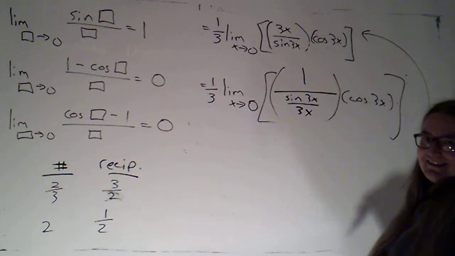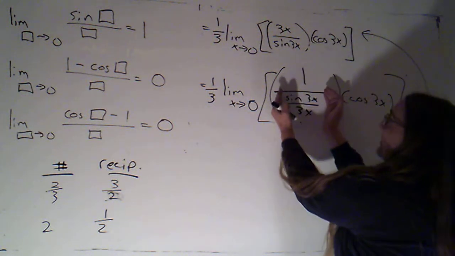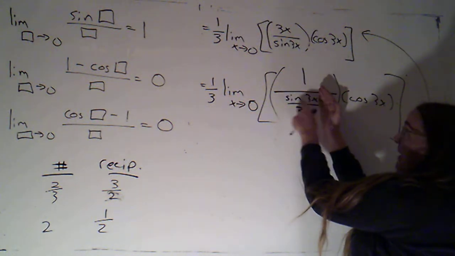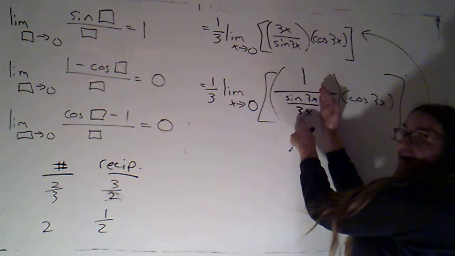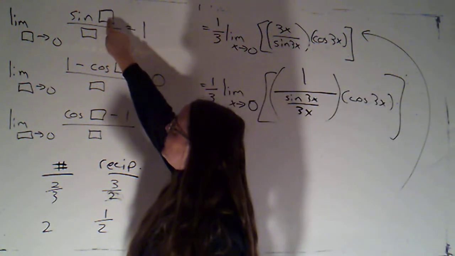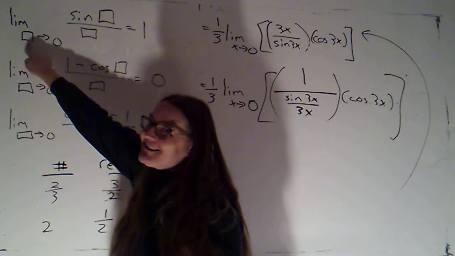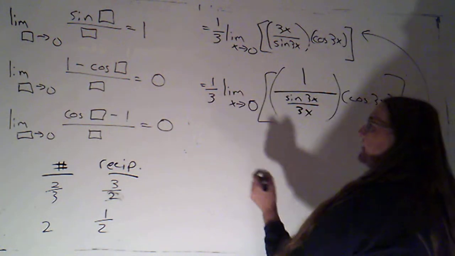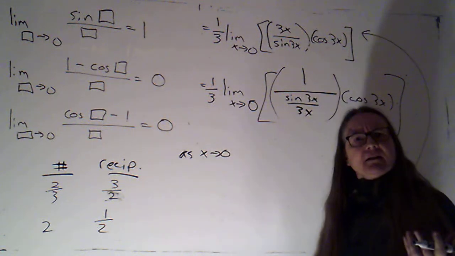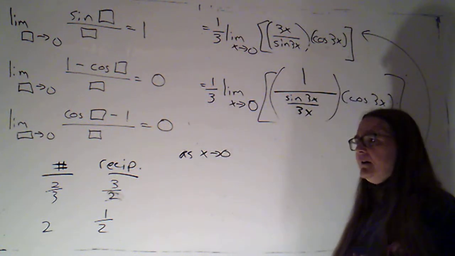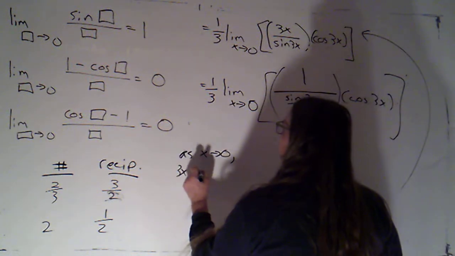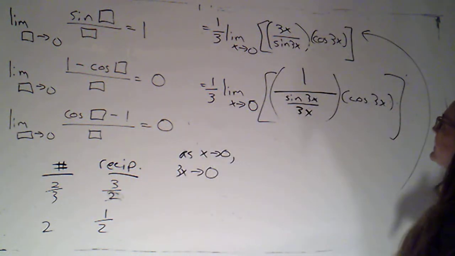I'm liking this. Here now, on the bottom of this fraction, I've got 3x on top being plugged into sine and 3x on bottom. Not quite a perfect match here because I need 1, 2, 3 places. So I'm just going to make a note. As x goes to 0, does 3x also go to 0? Yeah. If x is going to 0, any multiple of x is going to 0.